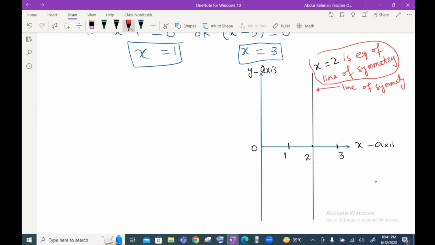Now, step number 2 is find out turning point, the y coordinate of turning point.